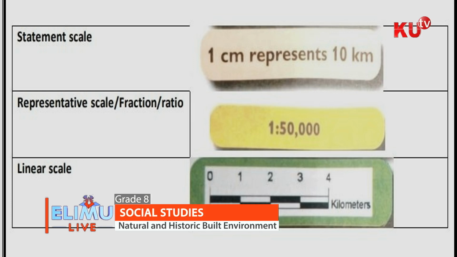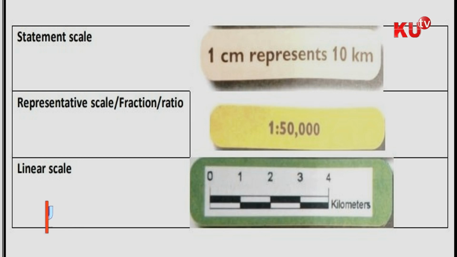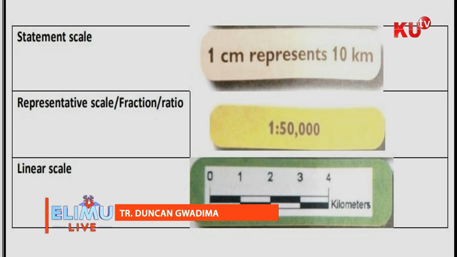The representative scale, which is also known as ratio scale, is 1 is to 50,000. Then linear scale is in the form of a line bar. So those are the types of scales that we use in social studies when we are studying.